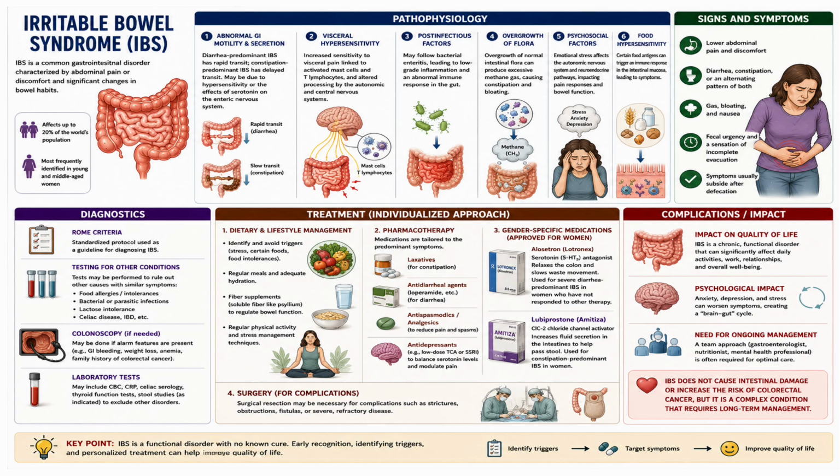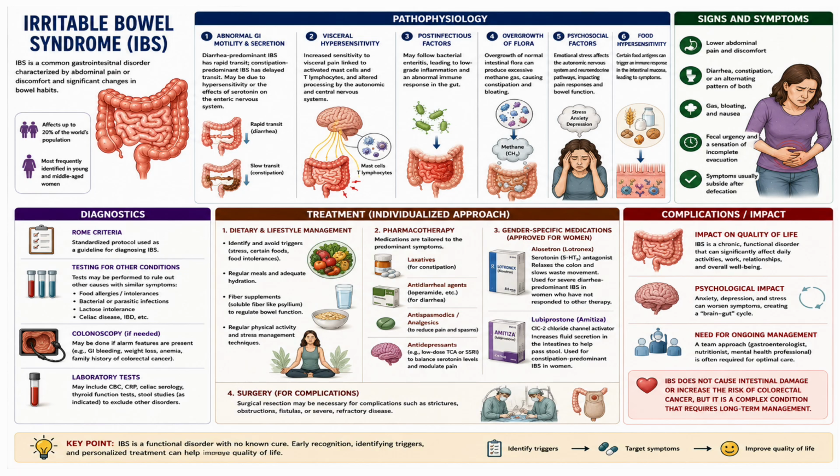infections, or lactose intolerance. Because there is no cure, treatment is individualized, focusing on dietary modifications like fiber supplements and removing triggers. Pharmacotherapy may include laxatives, antidiarrheal drugs, antispasmodics to help with the spasms and pain, and antidepressants to balance serotonin levels.